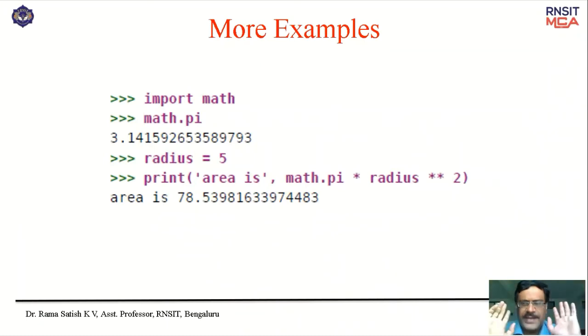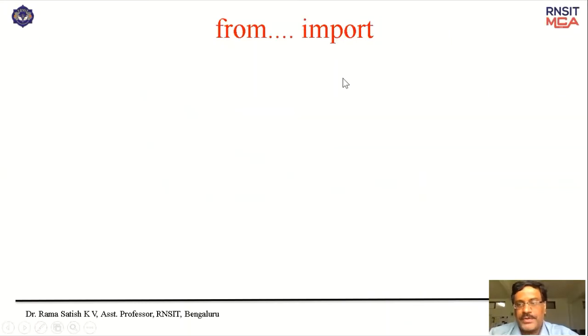The same way in Python also, if you want only a particular component, method or constant, then you have to make use of from import. This is another style, another way of doing it.